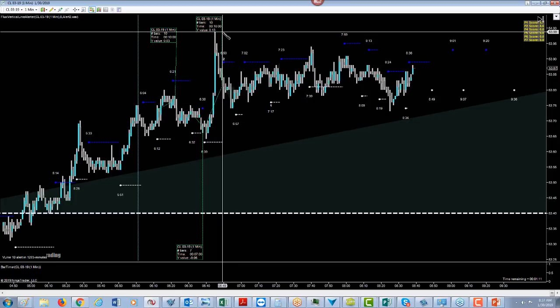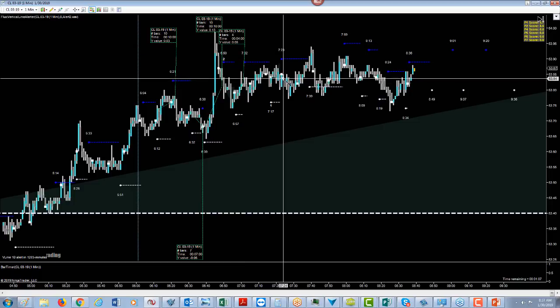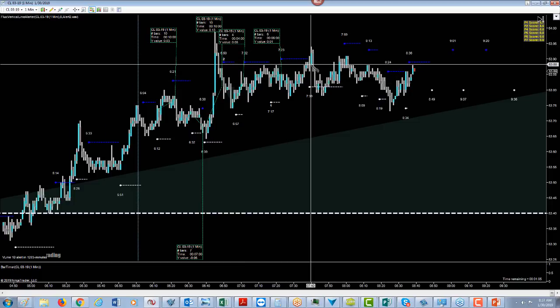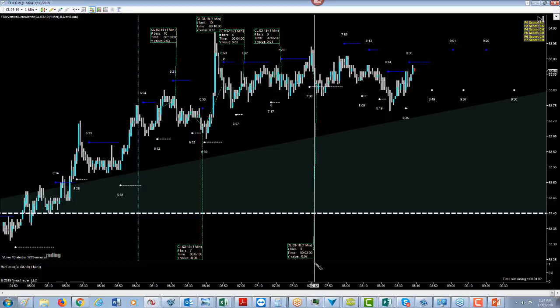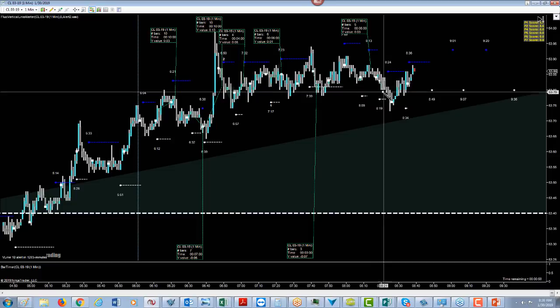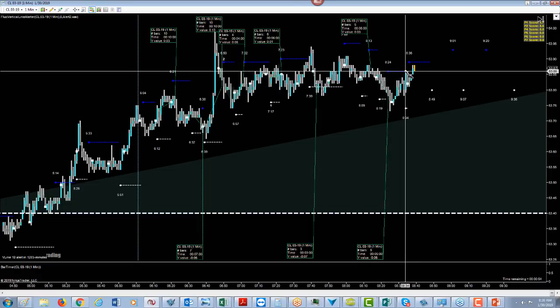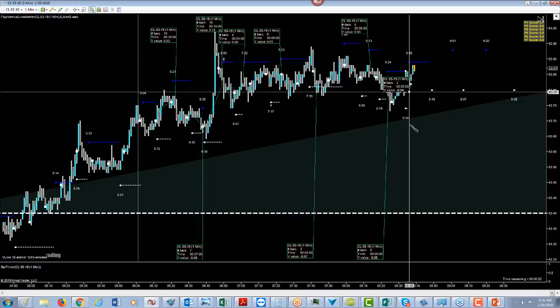A 13 ticker, we have a 5 ticker, a little break even, a stop out right there, and we have a little winner here, a loss right there, and now we're actually involved right here with another loss.